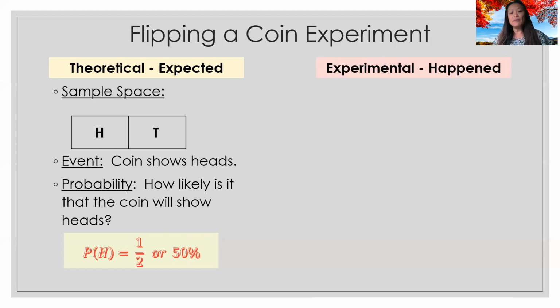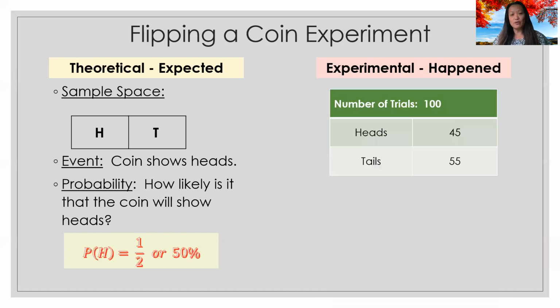Whereas the experimental probability is what actually happened. So for example, if you sat there and flipped the coin, say 100 times, and you recorded that heads showed up 45 times and tails showed up 55 times, right? Then the probability, what we call the experimental probability based on your experiment, is 45 out of 100, or 45%, versus the theoretical probability of 50%. Because theoretically, we would assume that both heads and tails are equally likely to happen. Okay.